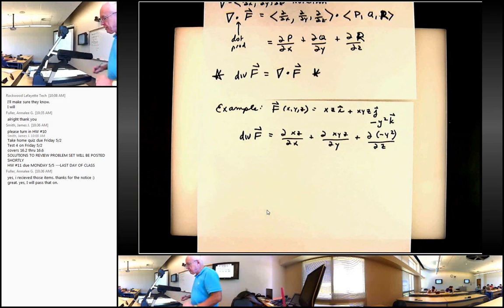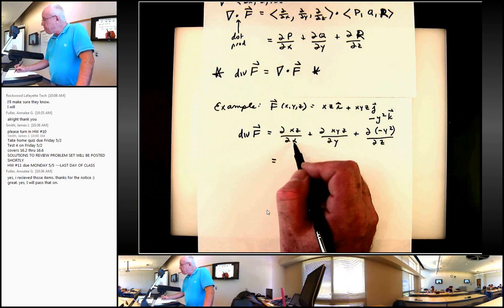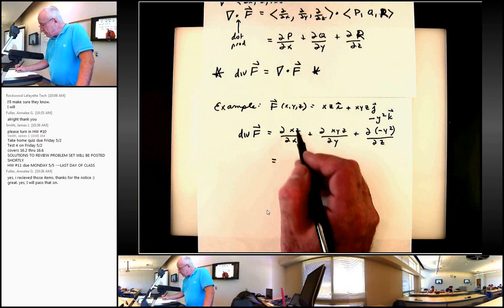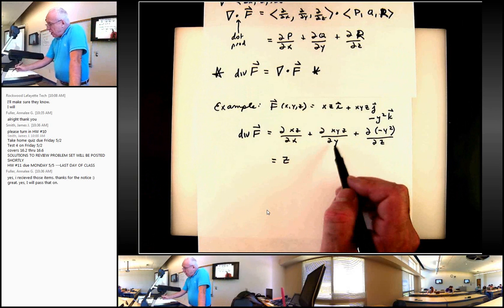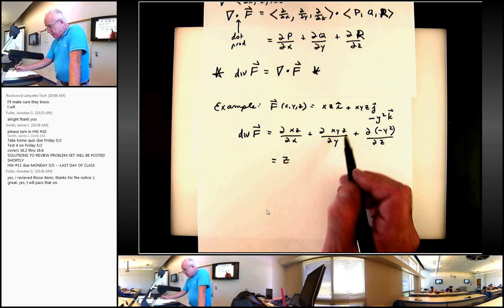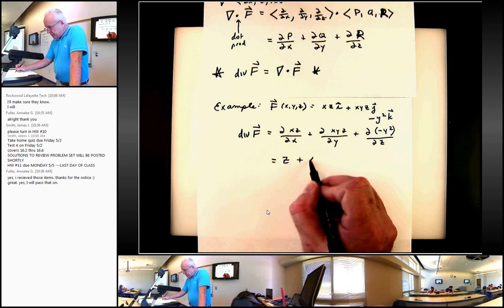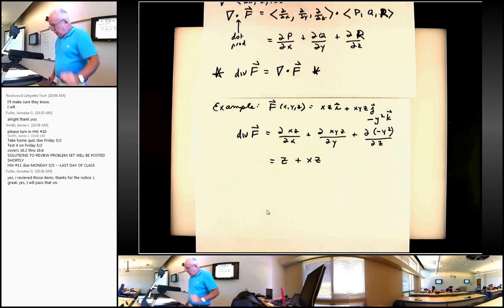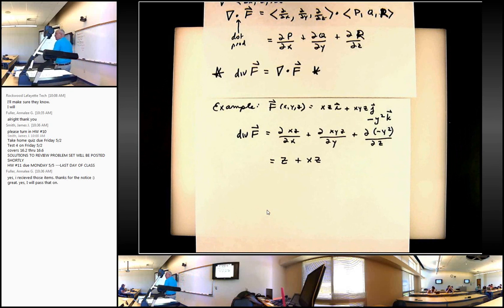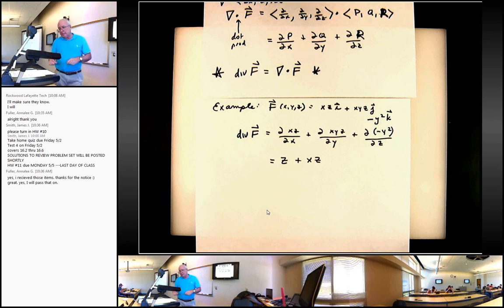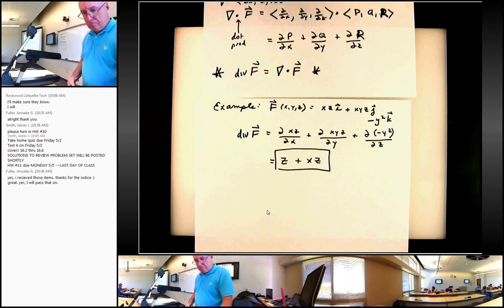Okay, that's the definition of it, and let's see what we get here. xz with respect to x, z is a constant, that'll just give us z. xyz with respect to y, well, x and z are constants, y is my variable, so that's going to be plus xz. Derivative of minus y squared with respect to z, well, that'll be 0. So this is our div right there.